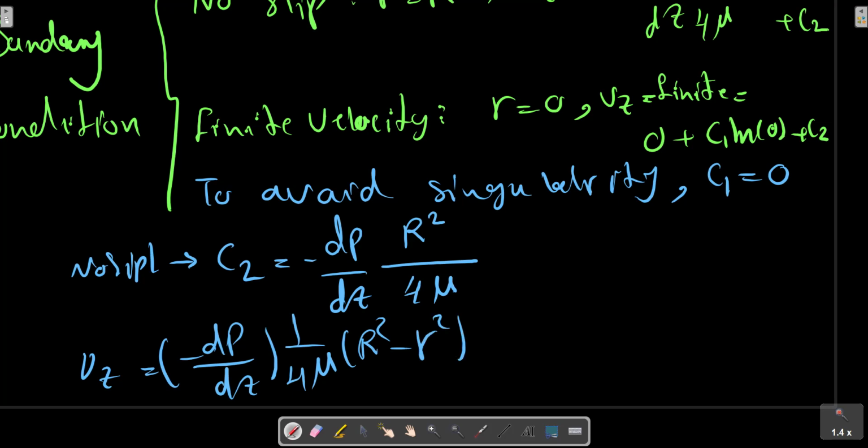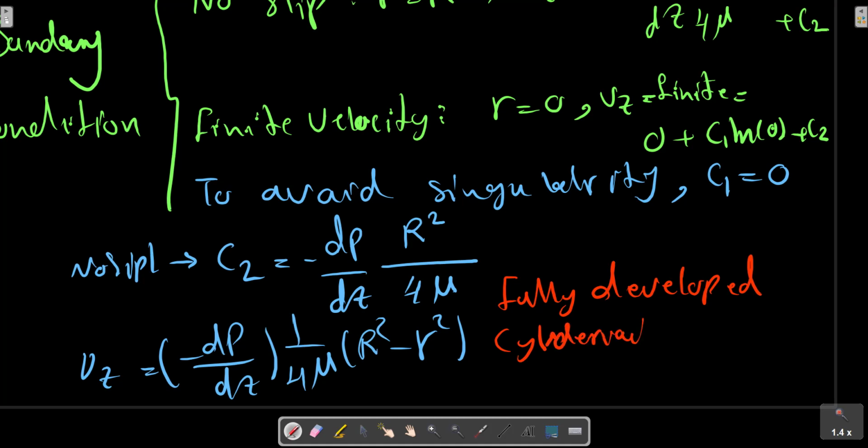This is therefore the fully developed cylindrical flow, which we name as Hagen-Poiseuille flow.